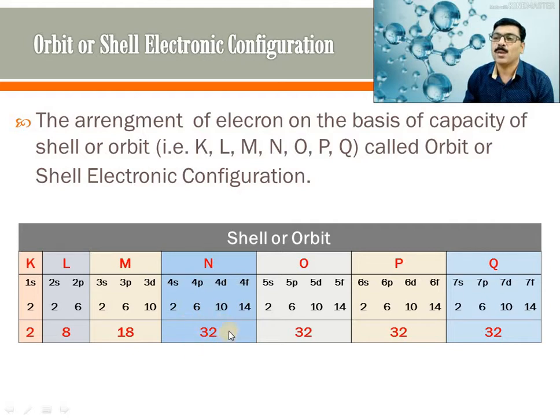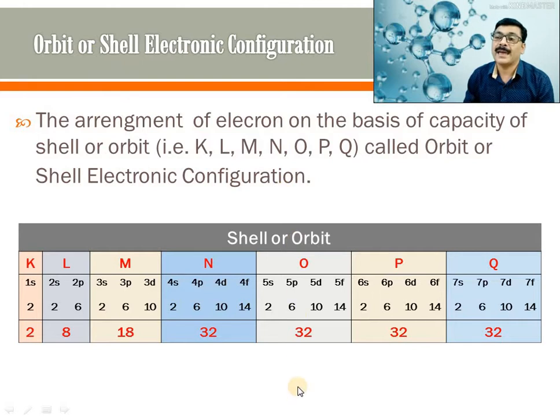In this way O shell also has the capacity 32 electrons, P shell also has the capacity 32 electrons, then Q shell also has the capacity 32 electrons. And electrons are filled on the basis of capacity of shell, then it is called as shell electronic configuration.